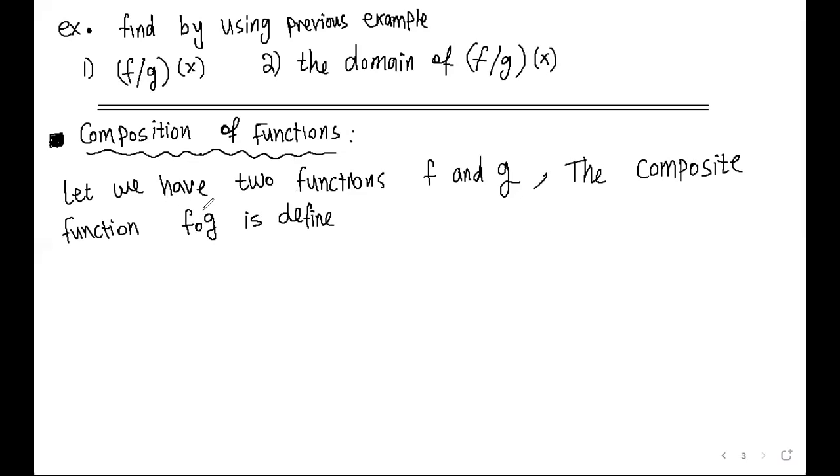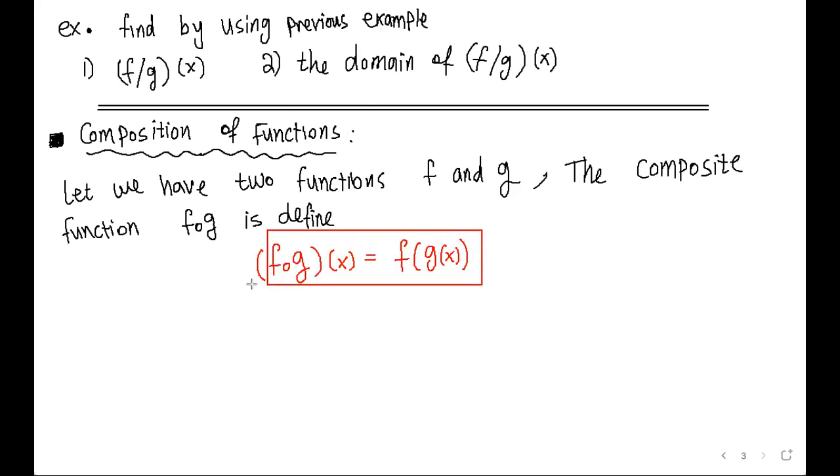When you see something like that, f circle g, this means a composite function. So the definition for this function looks like this: f circle g of x is equal to f of g of x. Okay. This is the definition of f circle g. This is a composite function.